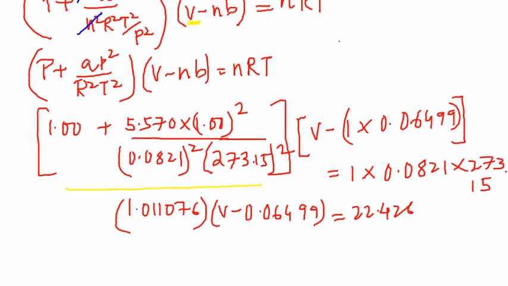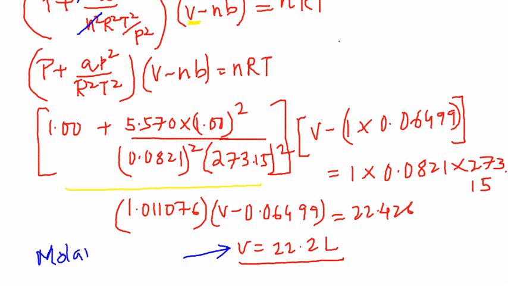Okay, and if you solve for V, now it becomes pretty simple. V turns out to be 22.2 liters. Okay, so that's the molar volume, solved with the help of van der Waals equation.